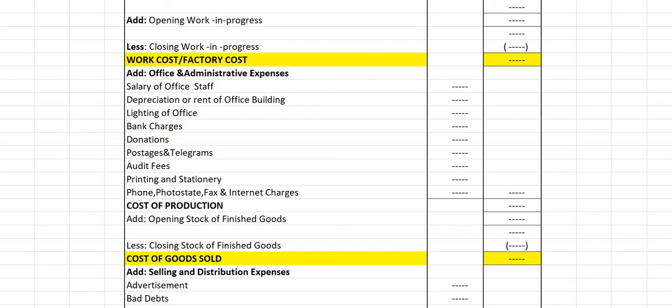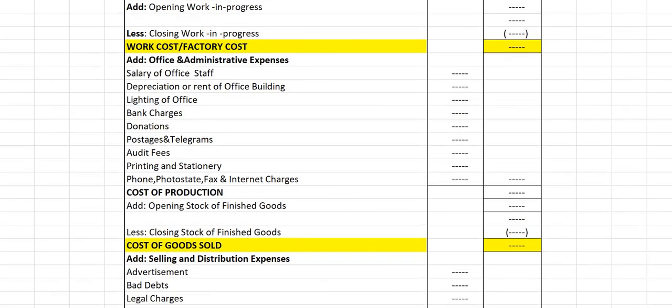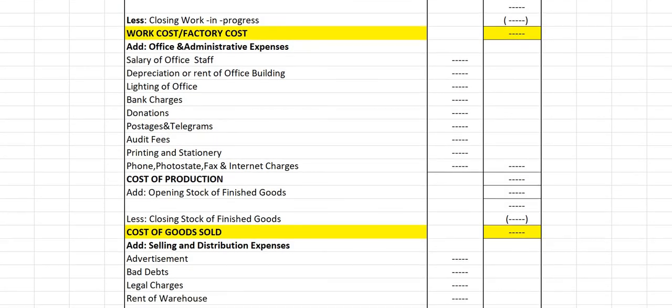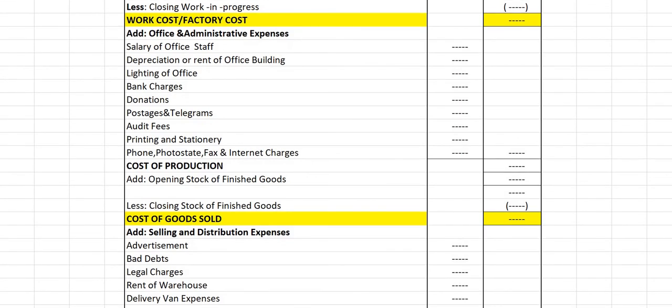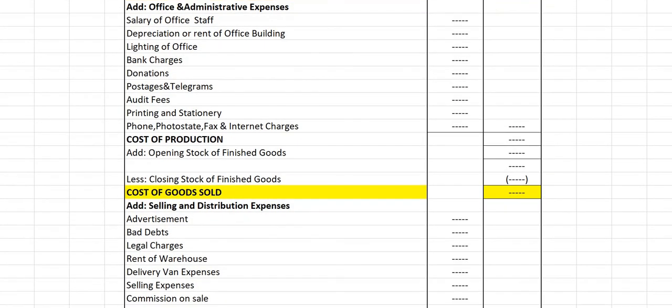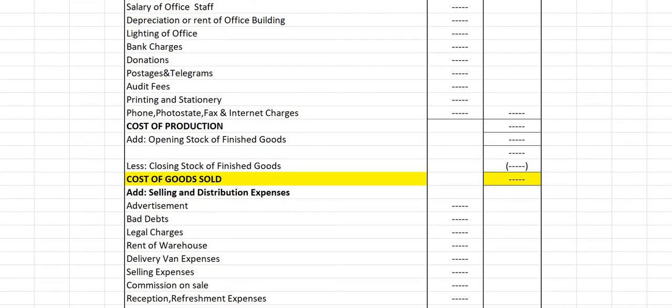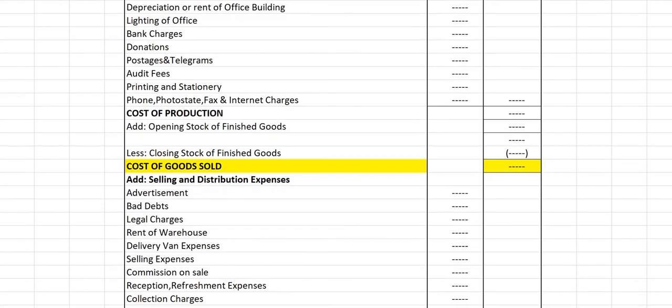So that amount becomes bad debts and is to be included in the selling and distribution expenses. You have to add legal charges, if some customer sues you, or you have to file a case and bear some legal charges. If you have taken a warehouse, the rent of the warehouse, delivery van expenses, selling expenses, commission on sales, and if you have distributed refreshments, those expenses.